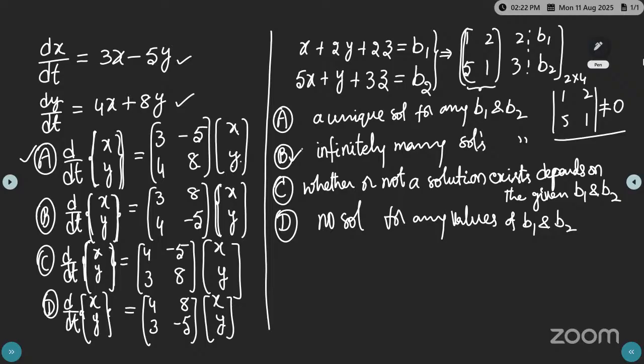The rank will be maximum 2. And we have got a non-zero minor of order 2.